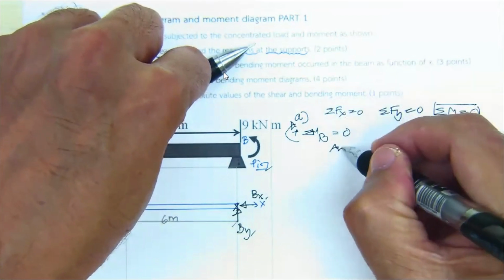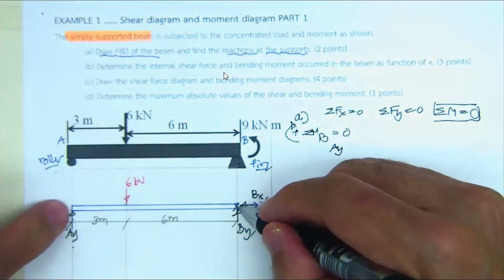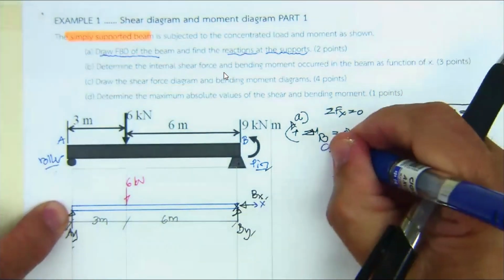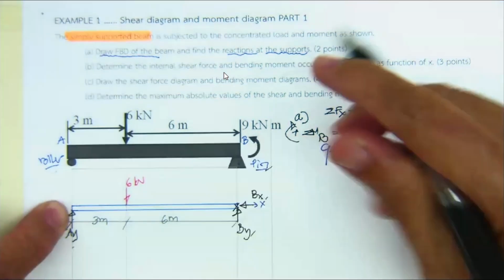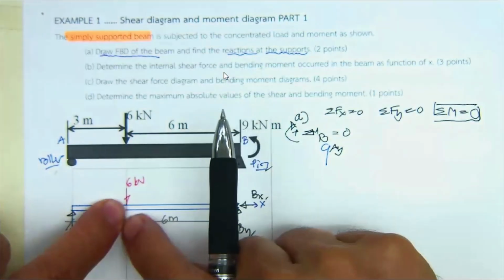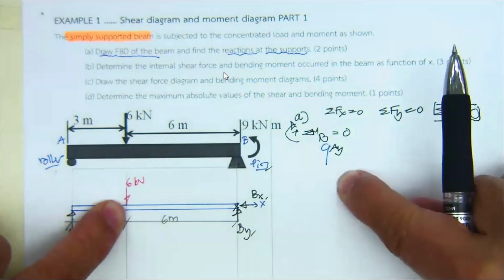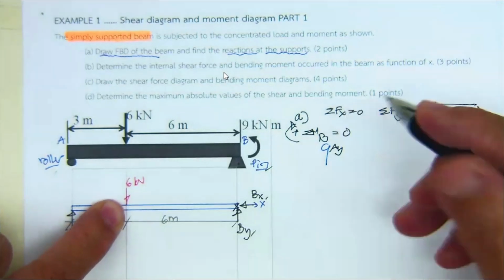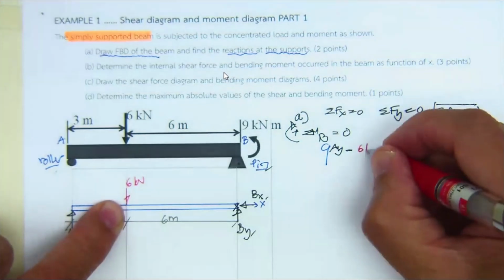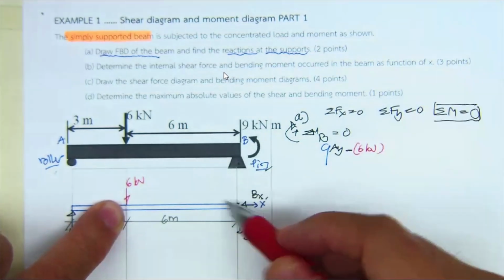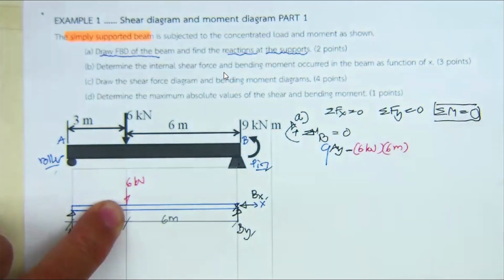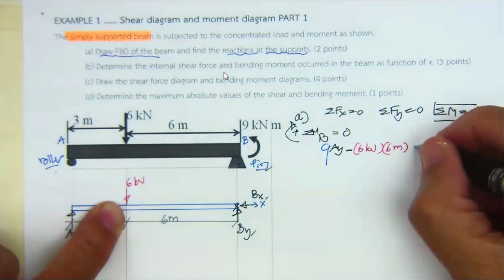We have A sub y. Then the moment arm of A sub y is going to be 9 meters. That's going to be in the clockwise direction. 6 kilonewton is going to rotate in the opposite, counterclockwise direction. So minus, and then 6 kilonewton, and the moment arm is going to be 6 meters, and then set it up to be 0.